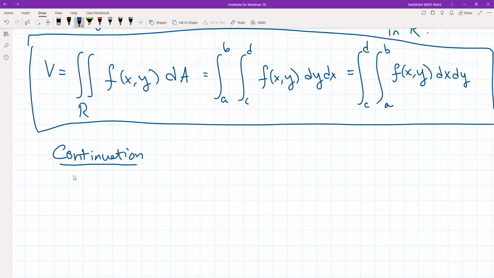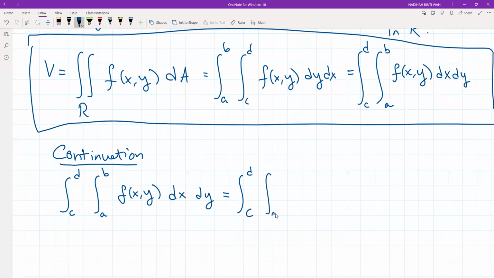let's say from C to D, and then from A to B, f(x, y) dx dy, okay, and then I break it apart. So if I expand this, C to D, A to B, this will become g(x, y) and then h(x, y), sorry, this is x, and then dx dy.